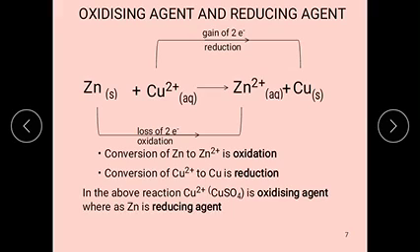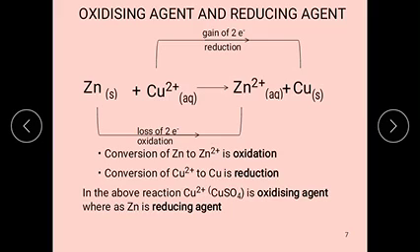One more is the redox reaction. Redox: red stands for reduction, ox stands for oxidation. If any chemical reaction has both oxidation and reduction reactions simultaneously, it is known as a redox reaction, because it contains both oxidation and reduction.